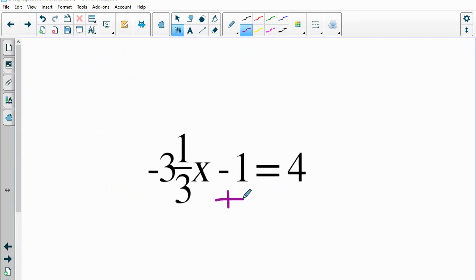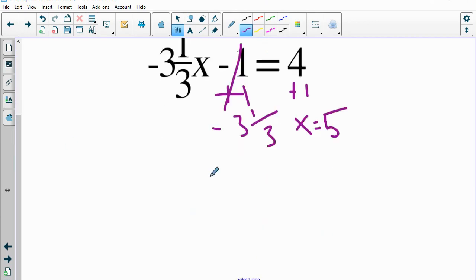Plus 1, plus 1. And if we do that, we end up with negative 3 and 1/3 x equals 5, because those ones cancel out. So now we've got to divide both sides by that negative 3 1/3.